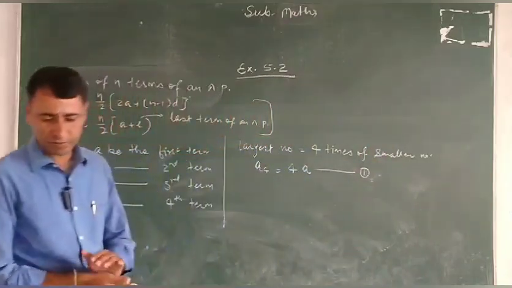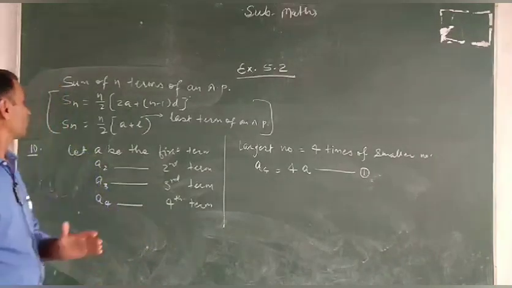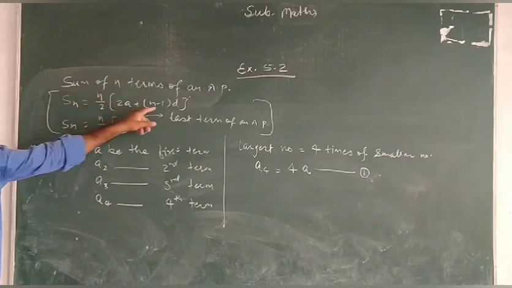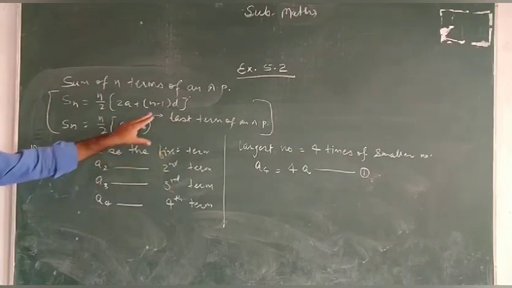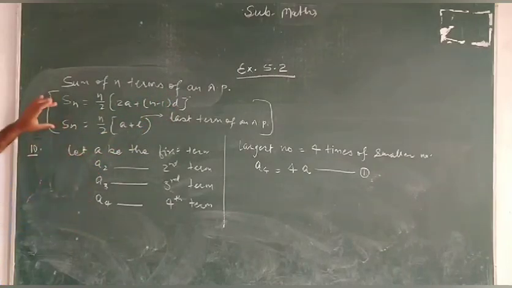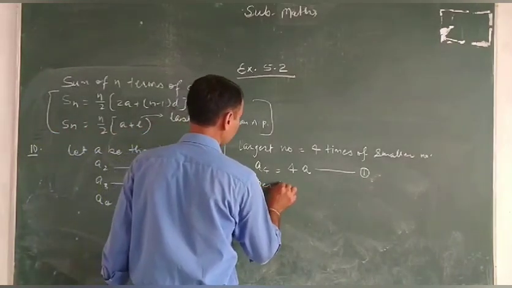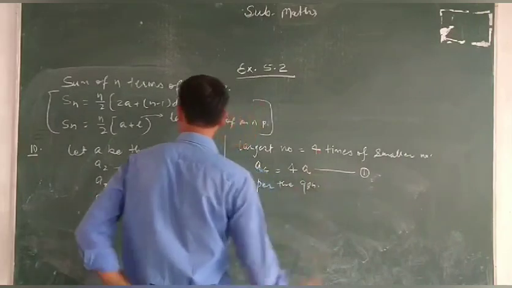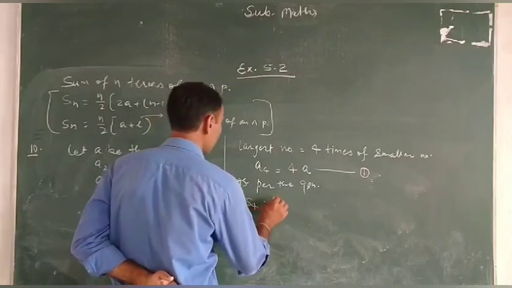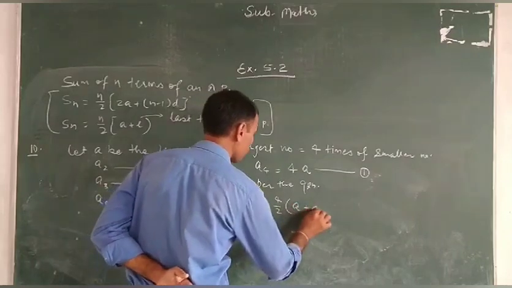The second relation given in this question is that the sum of these numbers is 50. So we have two formulas. One is n upon 2 into (2a plus (n minus 1) into d). But in this question we don't have the common difference. We have the first term and the last term. So we should apply the other formula. As per the question, the sum of 4 terms, S4, is equal to n by 2, so 4 by 2 into (a, which is the first term, plus the last term A4).